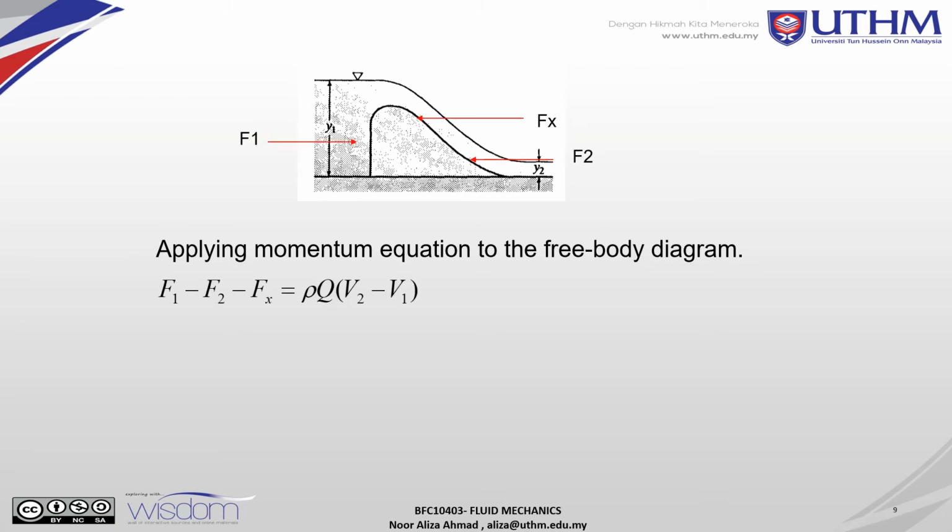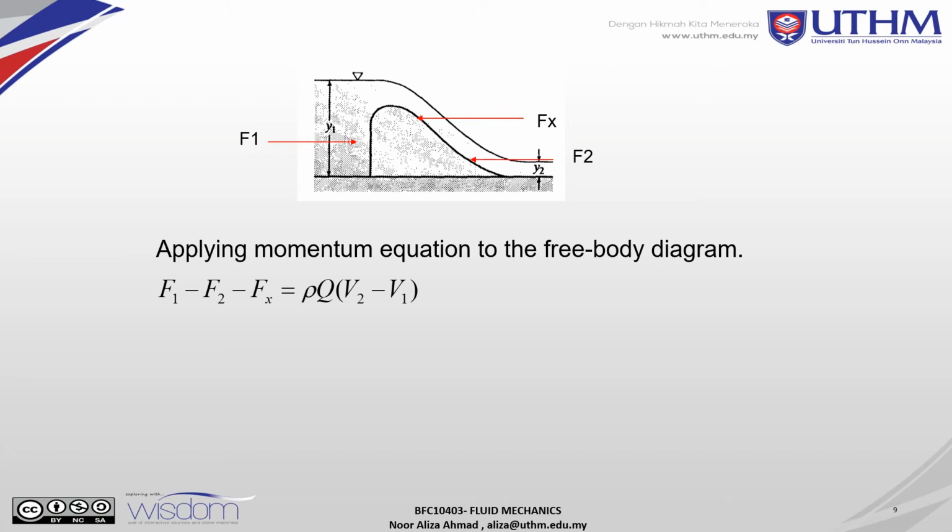So the free body diagram here has F1 here, F2 here, and Fx here. Fx is the force applied to the structure, the spillway. F1 is the force that comes from the water at depth 1, and F2 is the force that comes from the water at Y2.